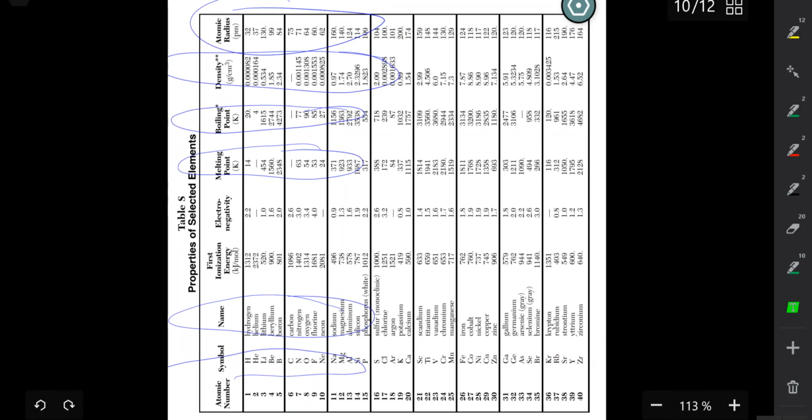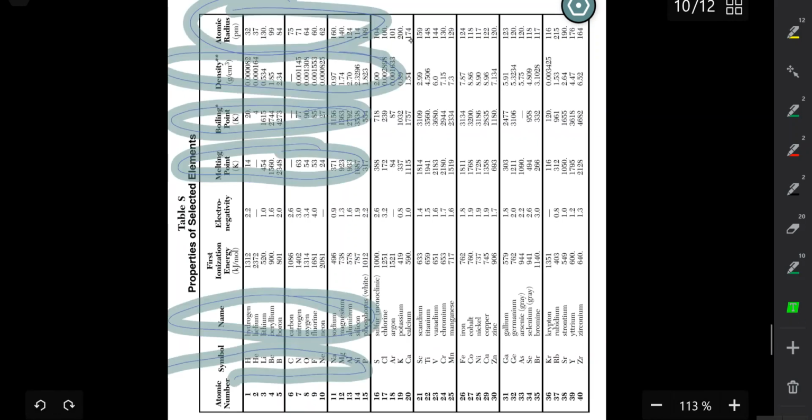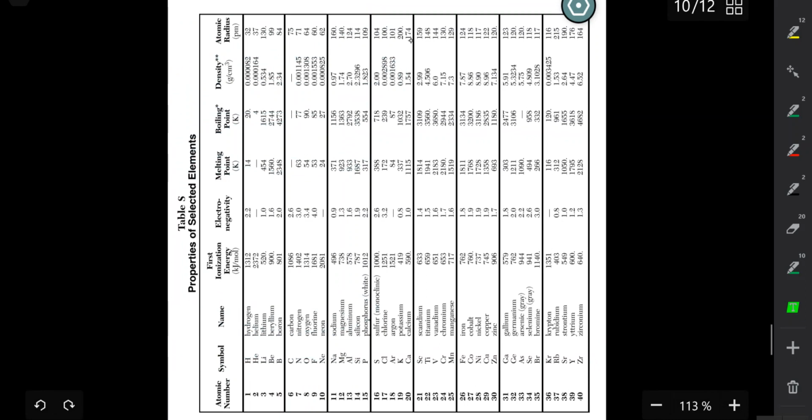So here are the elements, their symbols, their names, their melting points, their boiling points, their densities, and their atomic radius. If I look at, for example, aluminum, I know my window frames are made of aluminum.